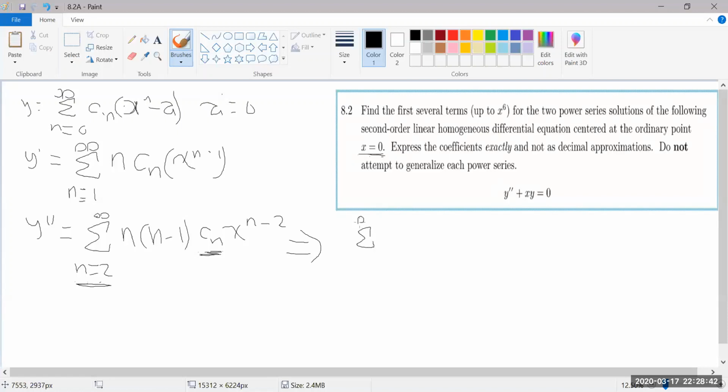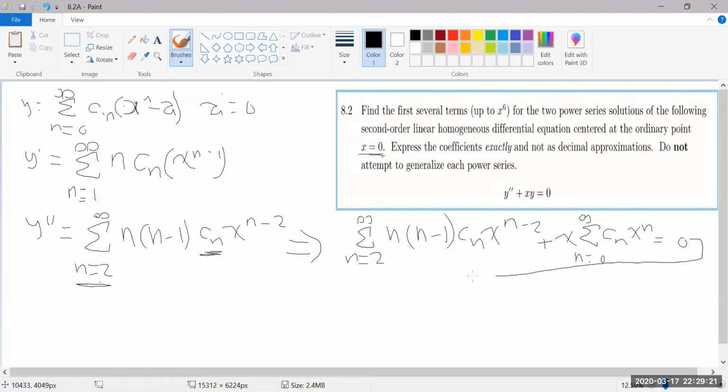So we get the summation n equals 2 to infinity of n times n minus 1 Cn x to the n minus 2, and then plus x times the summation n equals 0 of Cn x to the n, equals 0. So that's our original equation.